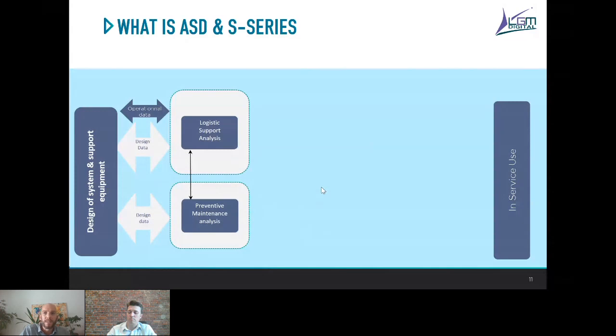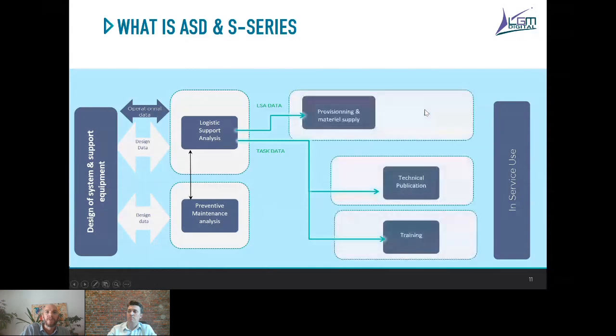The data generated after are exchanged with three other domains. The first domain is the provisioning, so the provisioning for the spare parts definition. We will in LSA define the spare part list, for example.